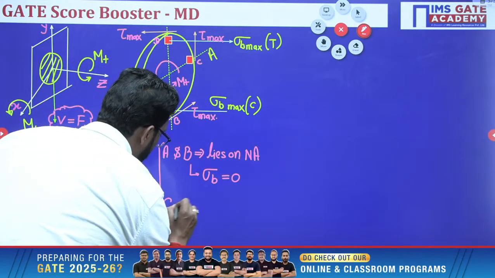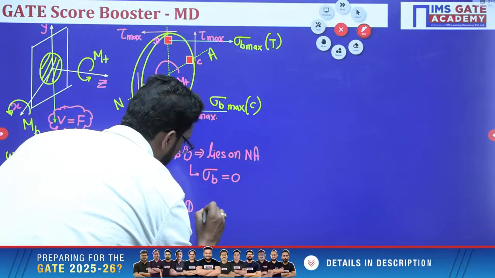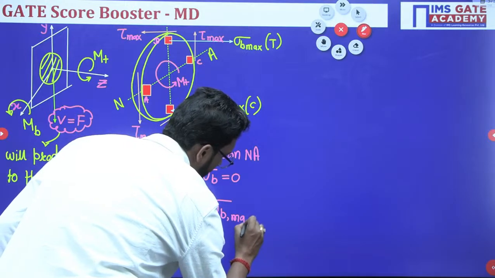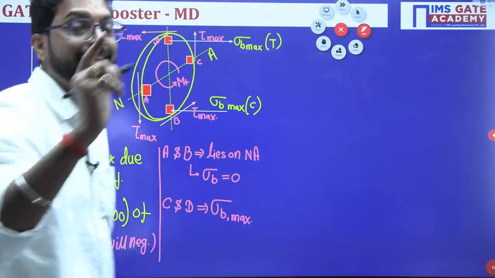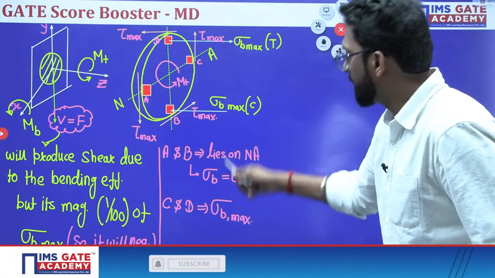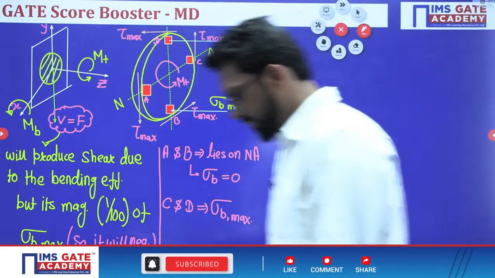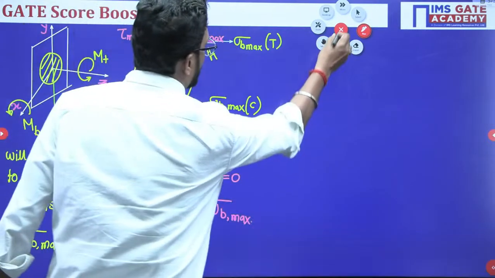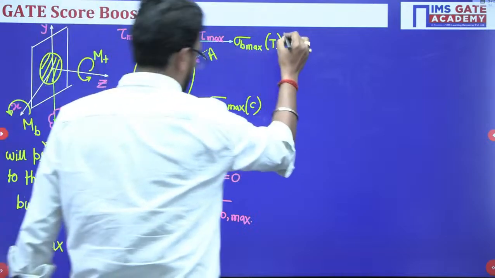At C and D there is a maximum bending stress, and at A and B the bending stress is 0. So what is the maximum bending stress?